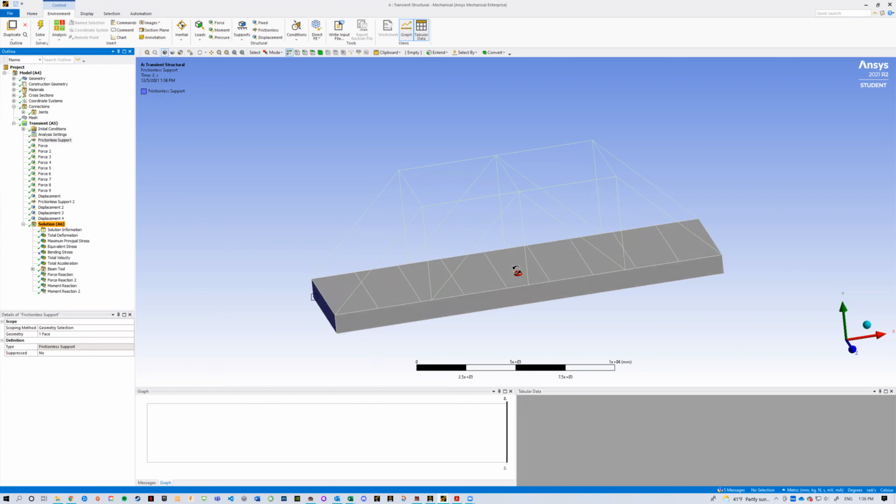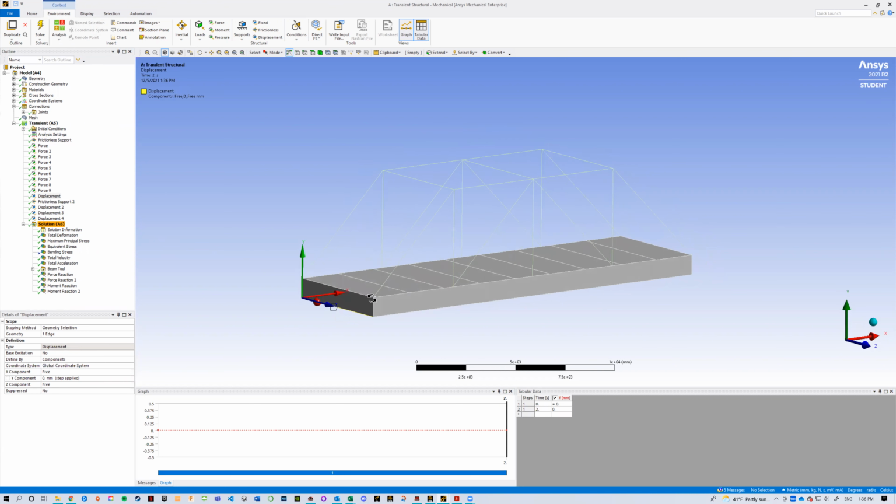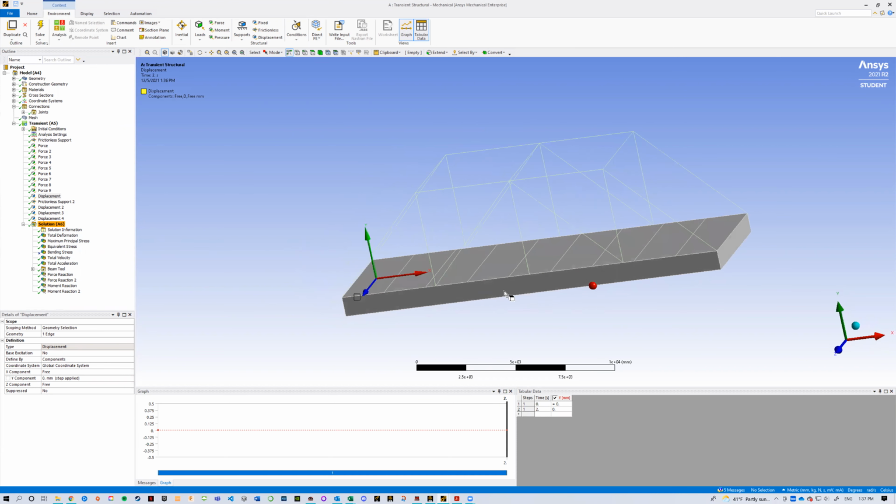That restricts rotation about the z-axis and the y-axis, and also restricts movement in the x direction. And then I also put displacements of 0 in the y direction on the bottom line over here, so it couldn't really move up or down.